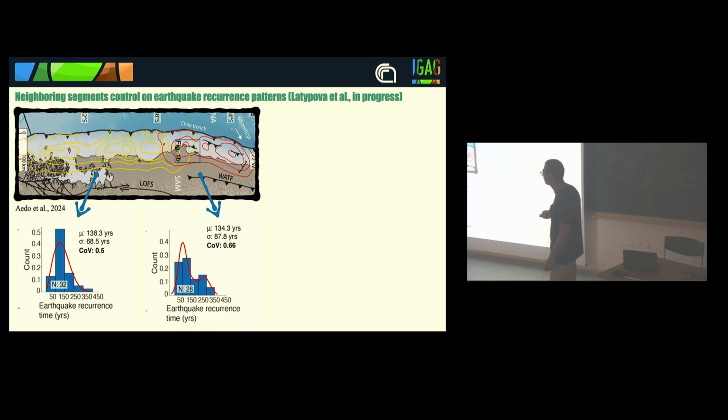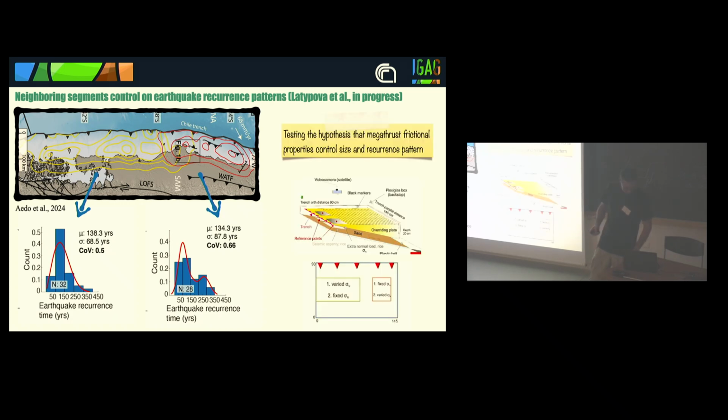So please remember these two numbers, that is the coefficient of variation of recurrence time. 0.5 means quasi-periodic, 0.66 is less periodic than the other case. And the coefficient of variation, for who is not into the subject, is given by the standard deviation divided by the mean of the recurrence time, and tells us about periodicity, right? 0 is perfectly periodic, 1 is a random process.